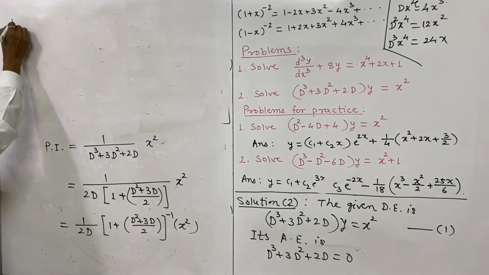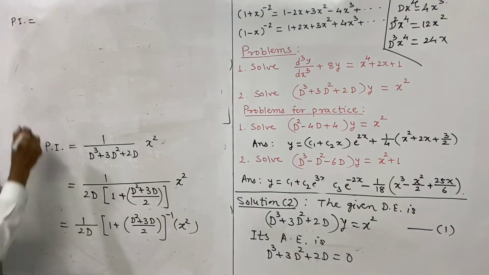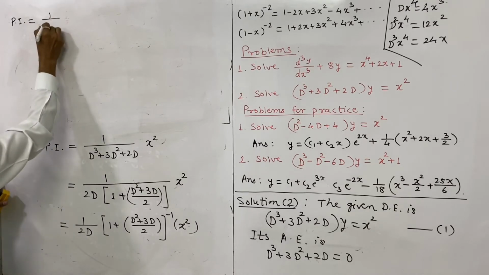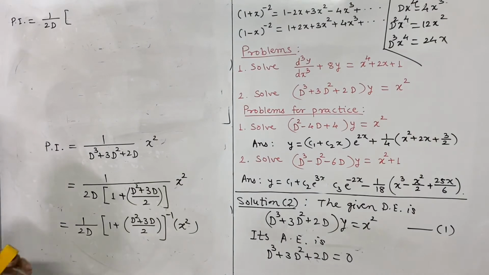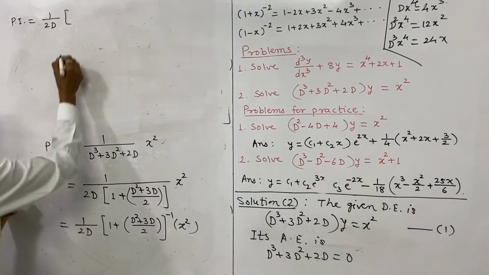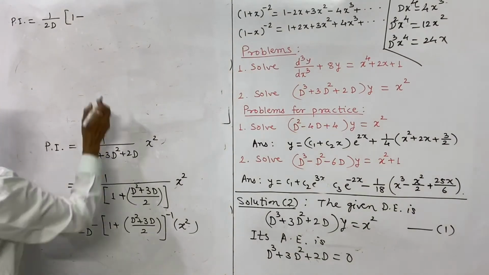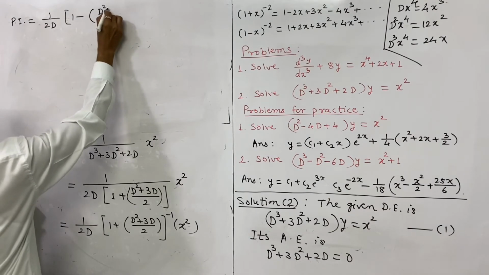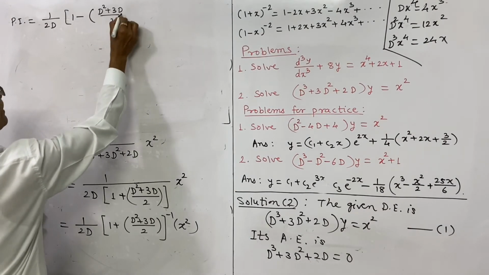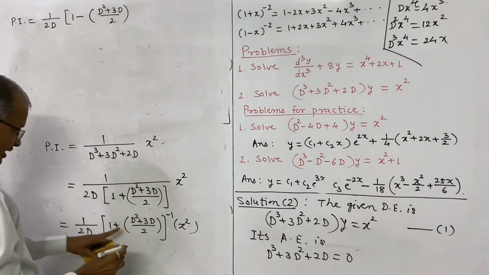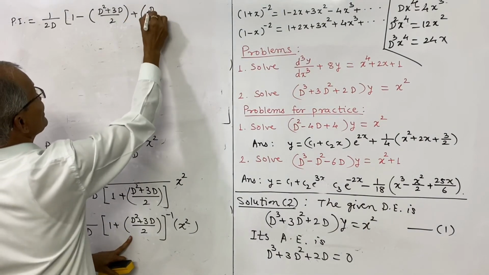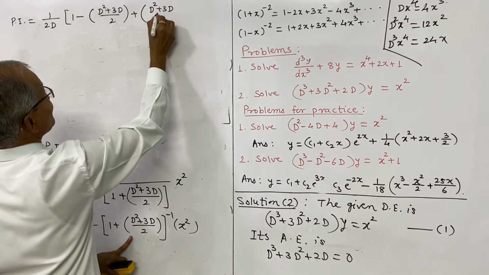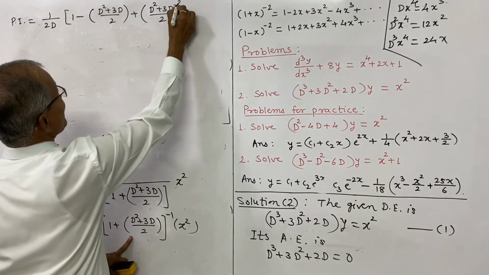PI is equal to 1 by 2d into bracket 1 plus x power minus 1. Same formula we have to use, that is 1 minus x means 1 minus this term, d square plus 3d divided by 2, plus the square of this, d square plus 3d divided by 2 squared.